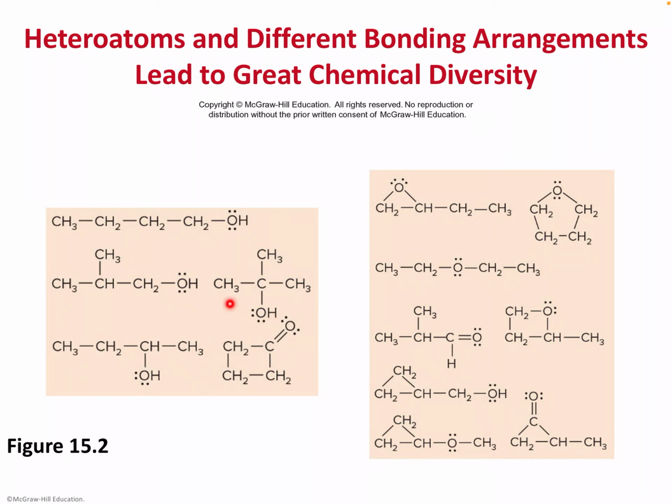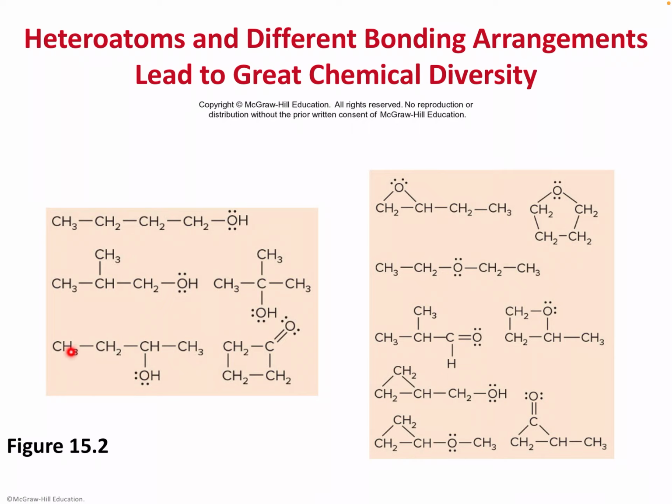Now here's another one. You can have 1, 2, 3, 4 carbons and 10 hydrogens all together, and now the OH group is on the middle carbon, and this carbon has 3 other carbon groups. And then you can have another one. The OH group is on this second carbon.